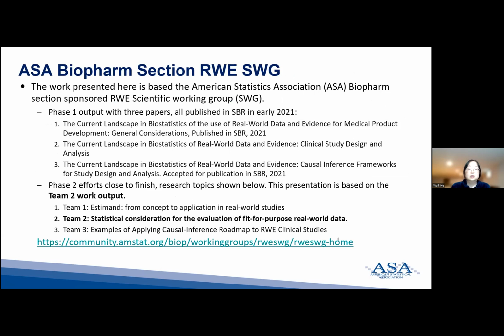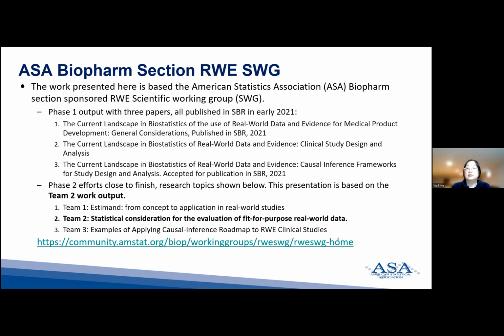Our working group, as I mentioned, started in April 2018, so it's about 4 years now. The work presented here is based on our phase 2 effort. From early 2018 to summer of 2020, we had a phase 1 output. We had 3 papers, all published in Statistics in Biopharmaceutical Research in early 2021.